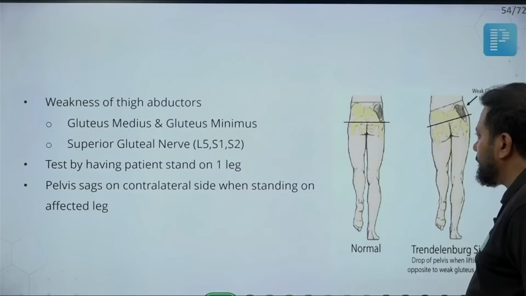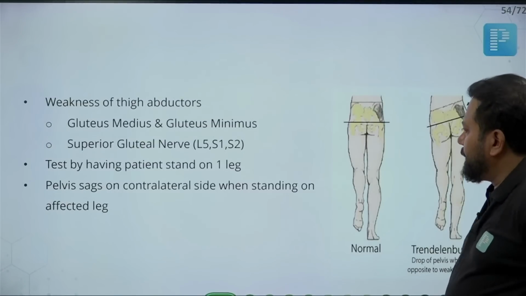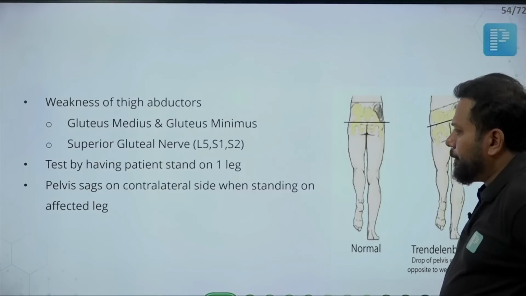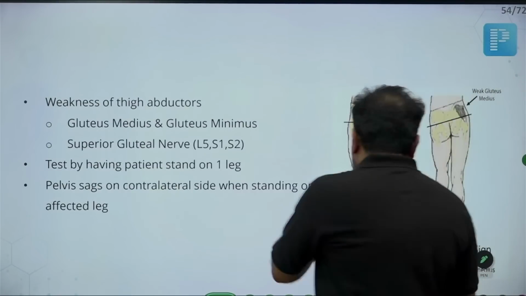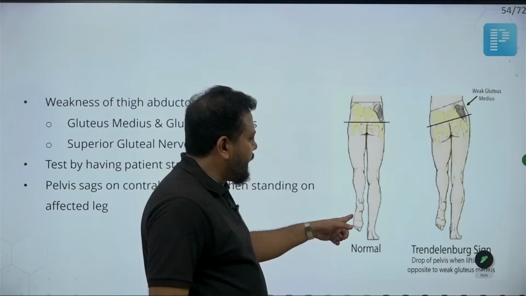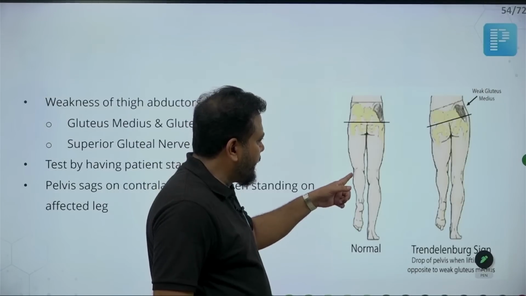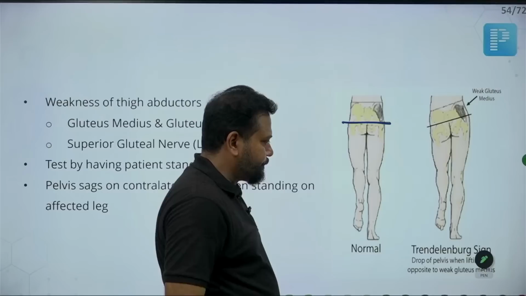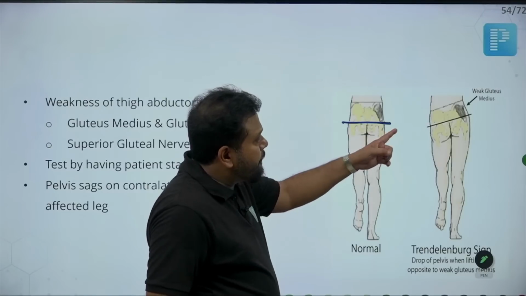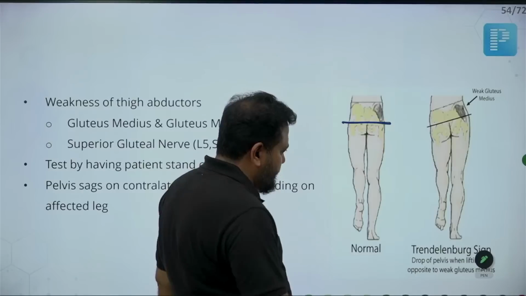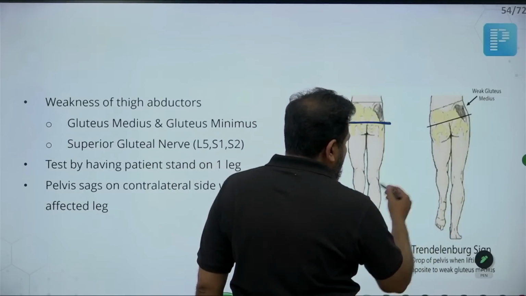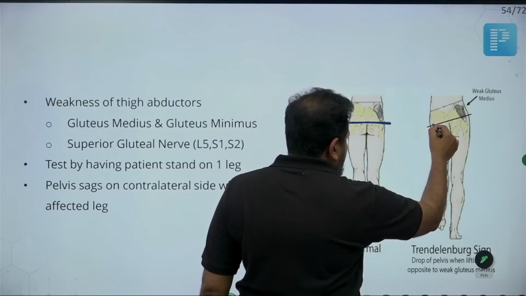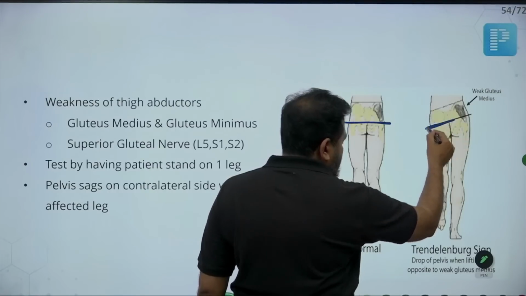Trendelenburg's test says that normally, when the patient raises one leg, both the iliac crests should be in the same line. If there is weakness of the gluteus medius, when the patient raises one leg, the opposite, normal side will dip.